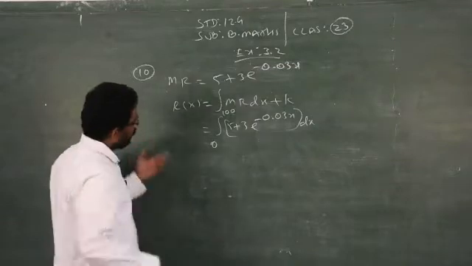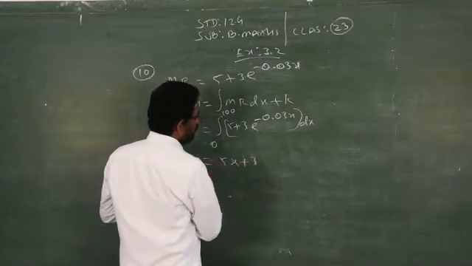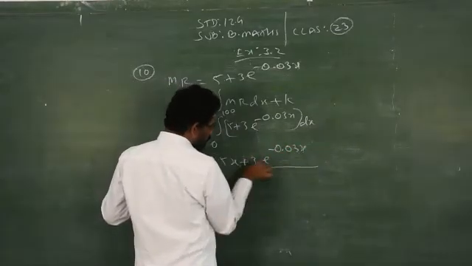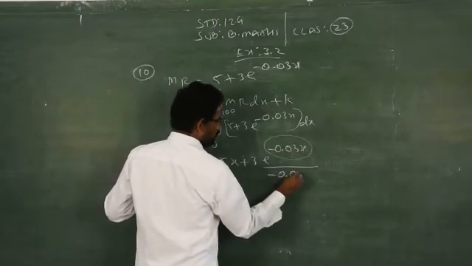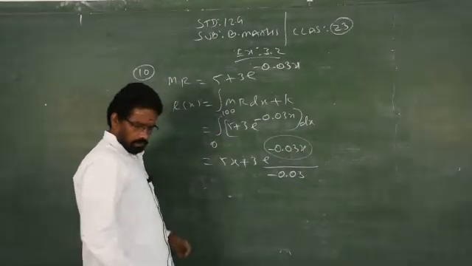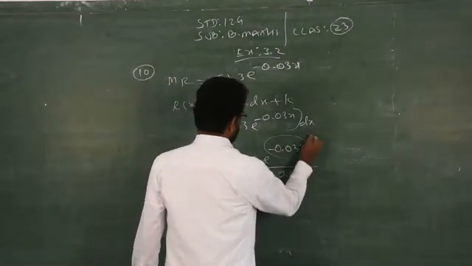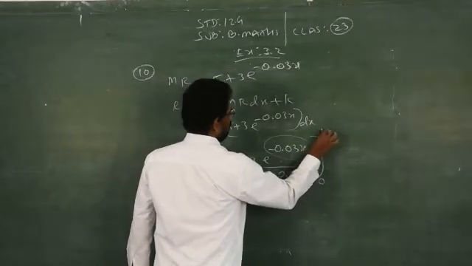Now, as usual integration, 5x plus 3 e power x is always e power x, then differentiate the power of the e, it will give you minus 0.03, 0 to 100.